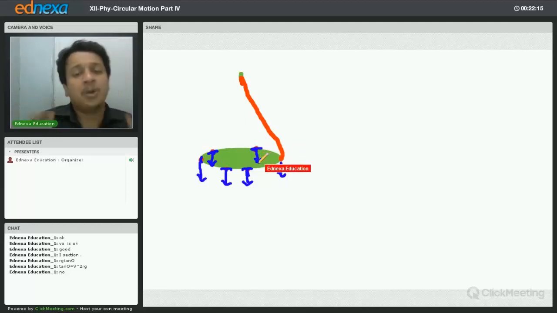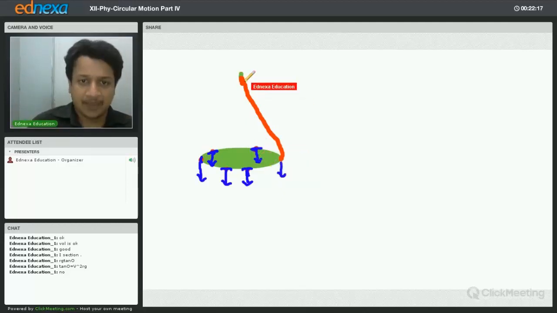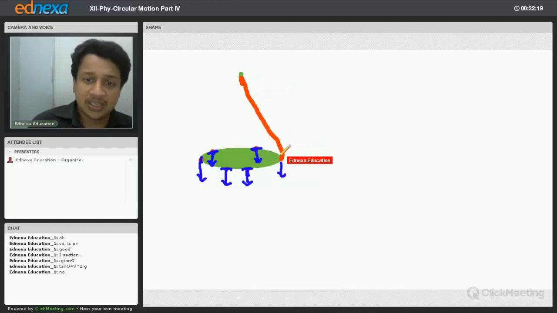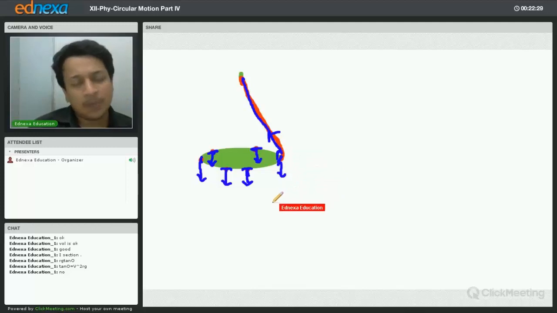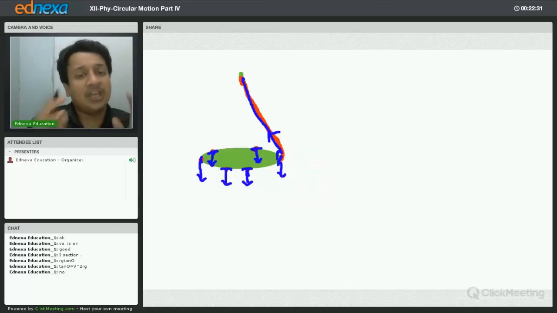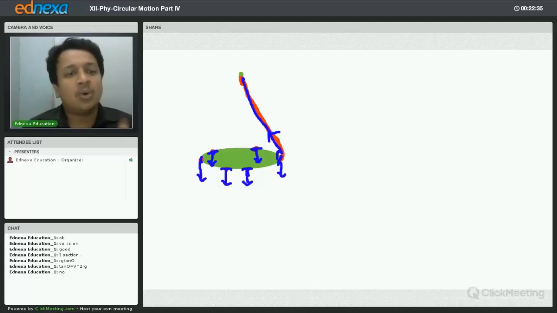Yes. For each and every point, weight is perpendicular and tension is not. See, for this line, is the tension along the thread, no? Is it perpendicular over here? No, it's not perpendicular. So the thing which is not perpendicular or parallel, that thing we are going to resolve.